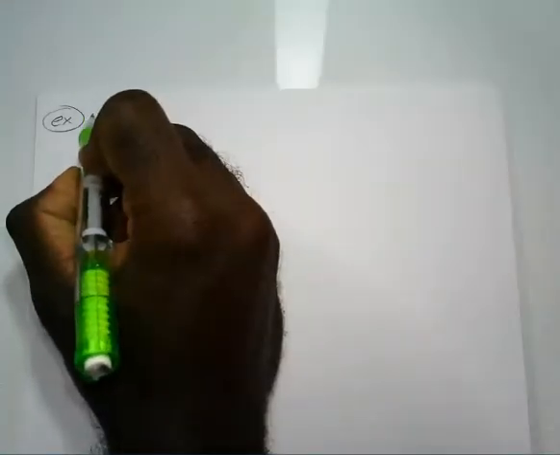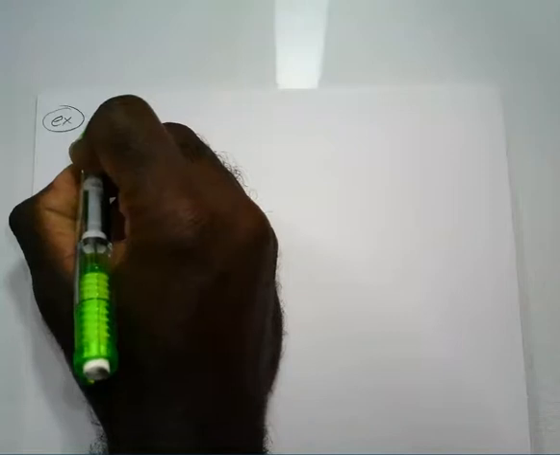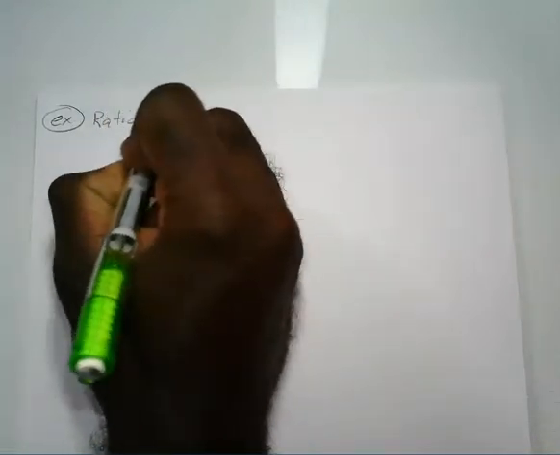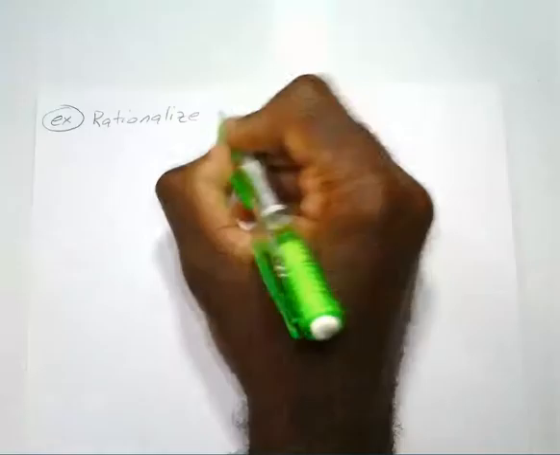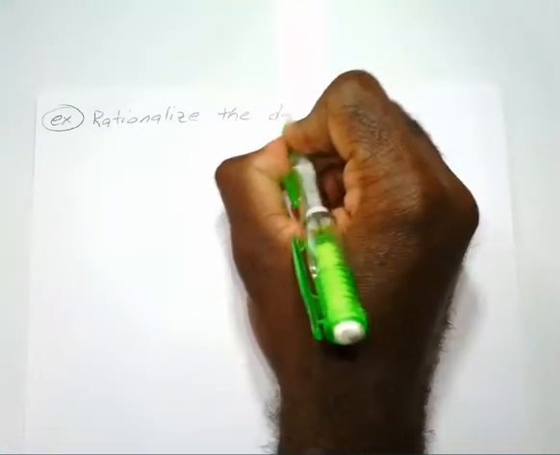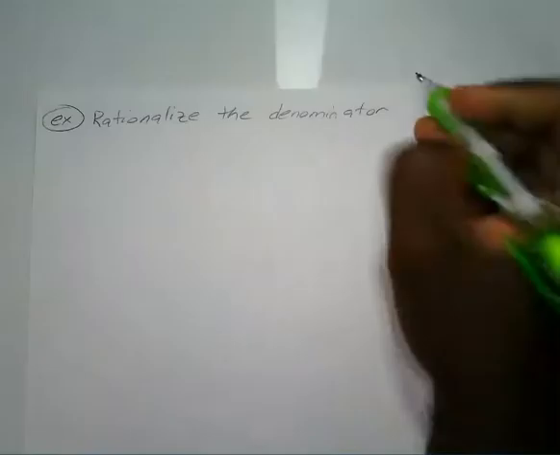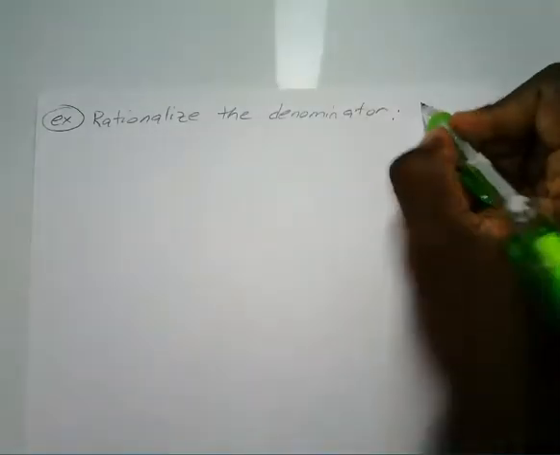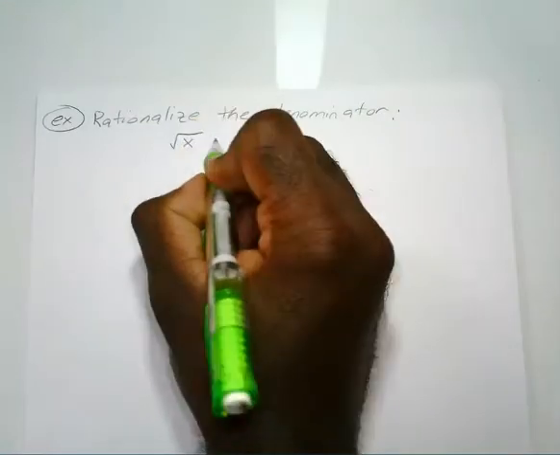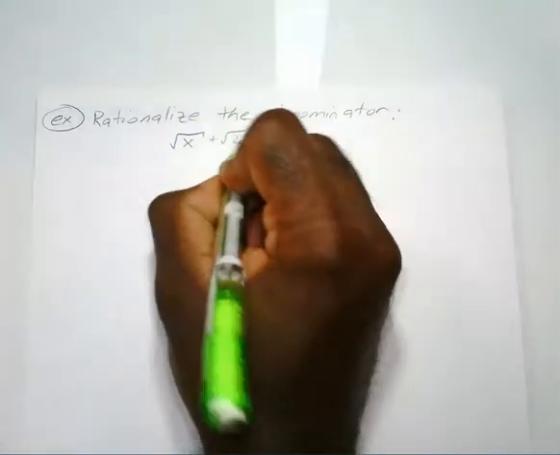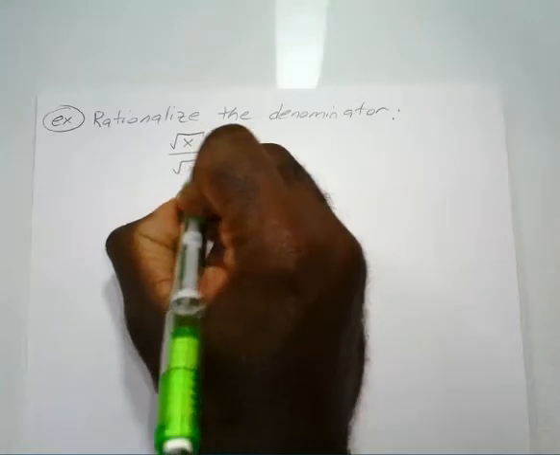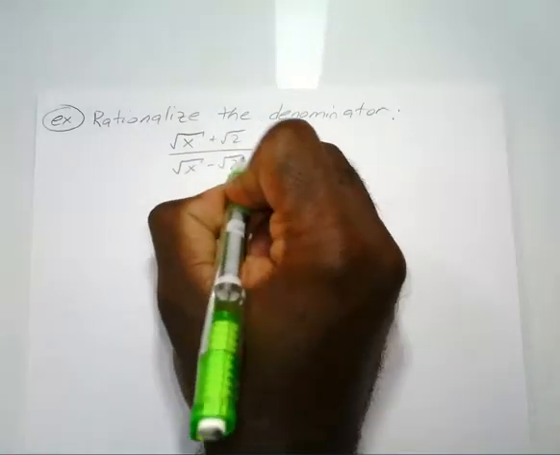All right, so let's say, for example, if we wanted to rationalize the denominator, okay, so if you have square root of x plus square root of 2 over square root of x minus square root of 2.